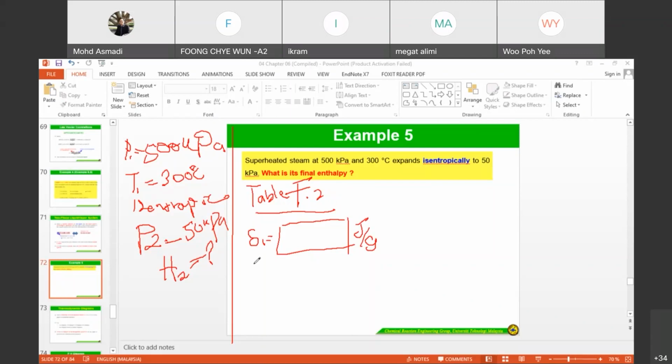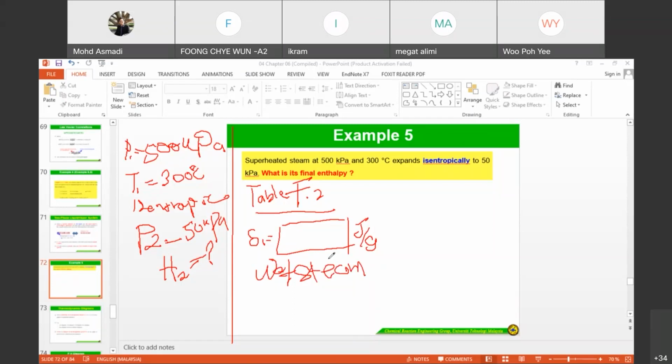Okay, so once you determine the final state is at this entropy and the pressure of 50 kilopascal, the final state is wet steam. You have to see the condition.